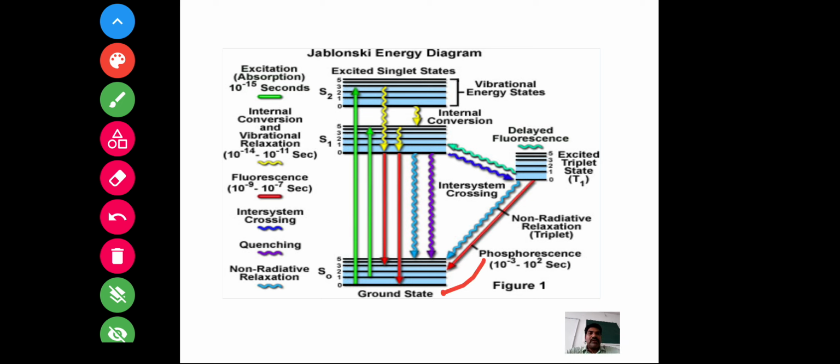For example, ground state, singlet excited state, the second singlet excited state, and third and fourth also are present for certain molecules.